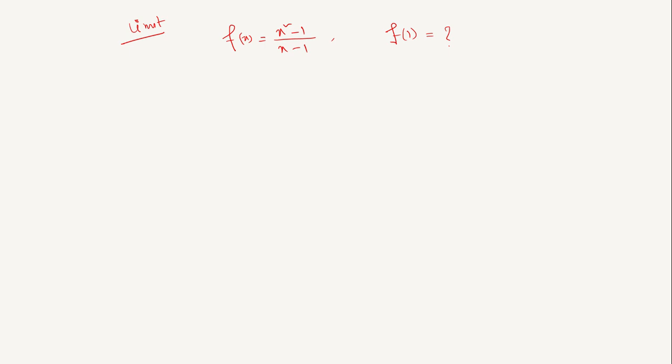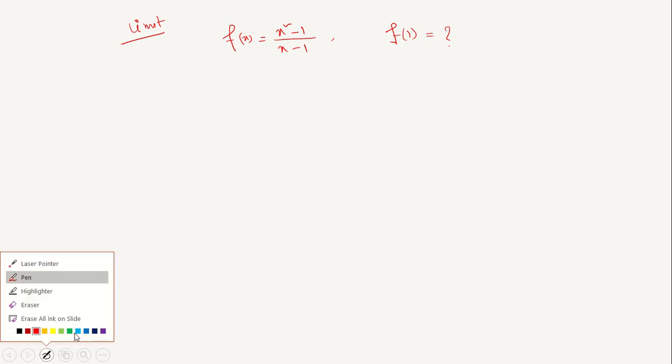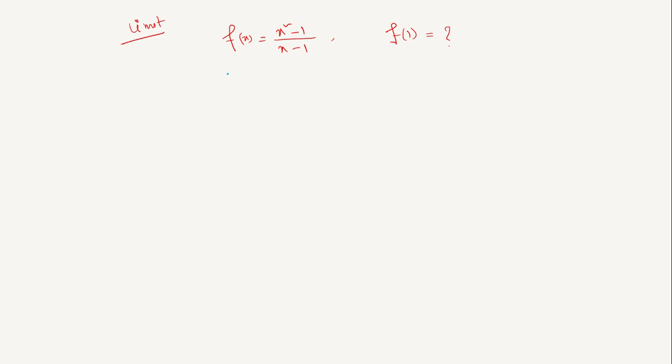We have to replace x by 1, right? Now look here. If we replace x by 1, f of 1 equals 1 squared minus 1 by 1 minus 1. So we have 1 minus 1 by 0, that is 0 by 0, right?